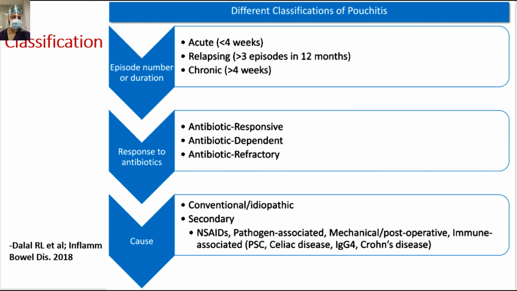Depending on the causes, it can be idiopathic or secondary, like NSAID use, pathogen associated like cytomegalovirus, mechanical or post-operative like stenosis, or immune associated like primary sclerosing cholangitis, celiac disease, IgG4 or Crohn's disease. We will elaborate further as the discussion evolves.